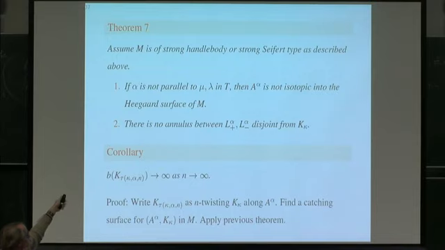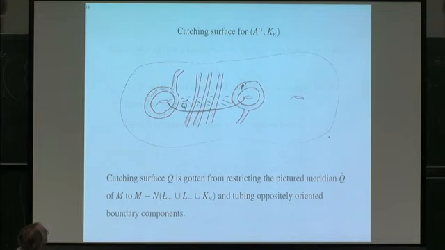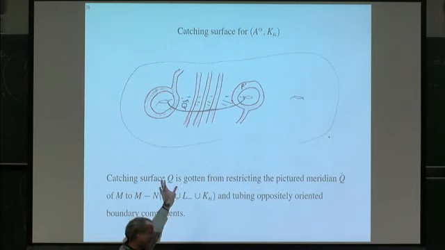And so we know that the bridge number has to go up for at least this class of curves, as long as there's a catching surface. So I have to show you the catching surfaces, and this will give an example of one. I'm going to do this for the examples that I've been discussing.